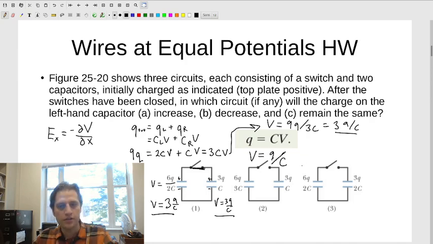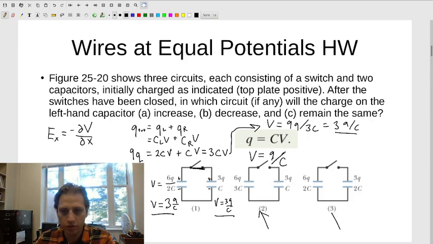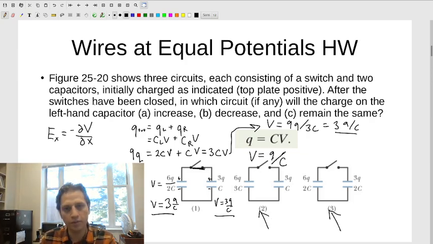All right, so I'm going to let you puzzle through number 2 and number 3. This is a homework problem, but essentially what you're doing is calculating the voltage on the left and the voltage on the right. If you connect those two up and the voltage on the left is bigger than the voltage on the right, the voltage will drop when you connect them.